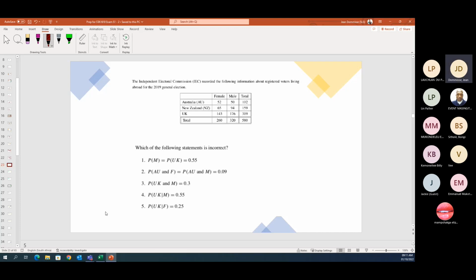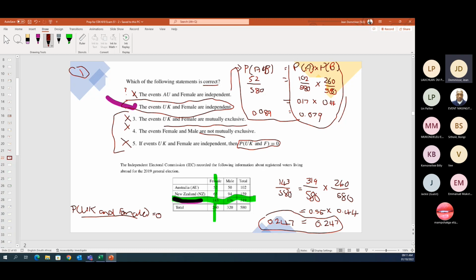Okay. There are a few more. So you'll see they give us exactly the same information in this one. So the same data set. Now they're asking us a few other questions. Okay, and you will see some of it was worked out here as well.